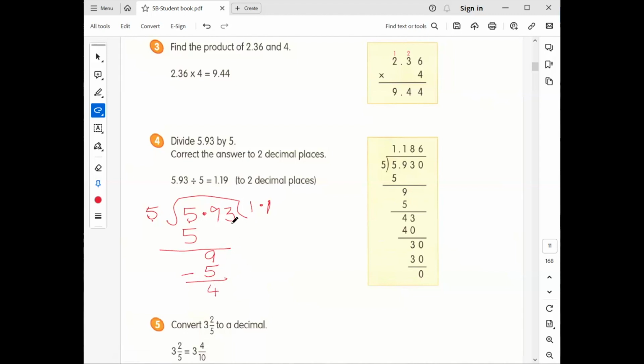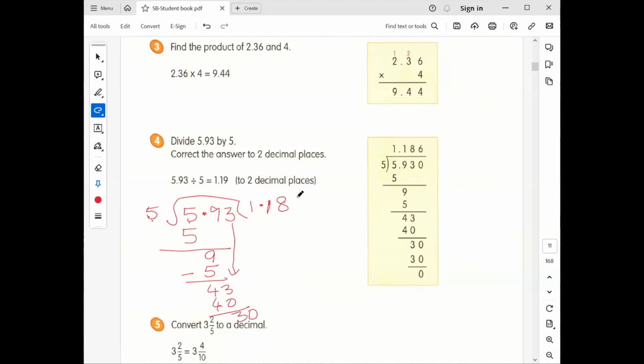Then we are going to take 3 down. We are having now 43. 5 times what is close to 43, which is 8. Because 5 times 9 is 45. We cannot take that. So it is going to be 40. We are left with 3, right?